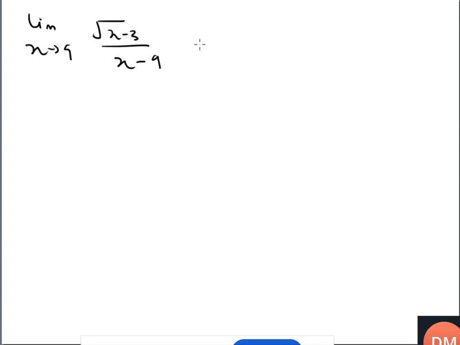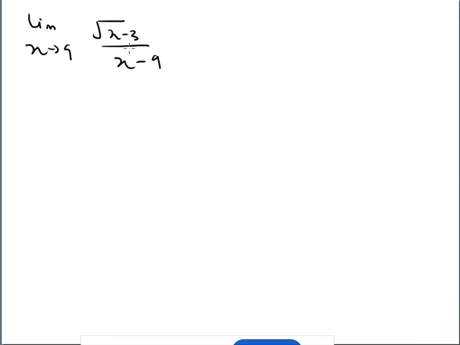So this one goes with the form: the limit as x approaches 9 of (root x minus 3) over (x minus 9). When you see a surd, the best thing to do is to find the conjugate and multiply to get rid of that surd form.